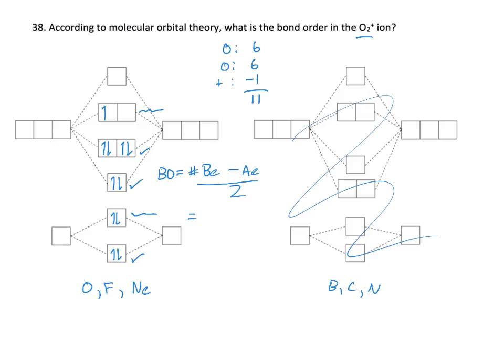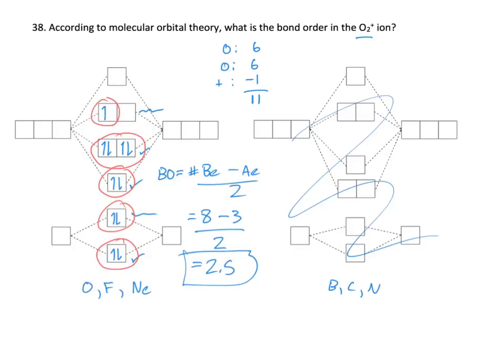So we count up the electrons in the bonding ones first. That gives us 2, 4, 8. And the ones in anti-bonding orbitals are 2, 3. Over 2 equals 2.5. That should be our answer for that question.